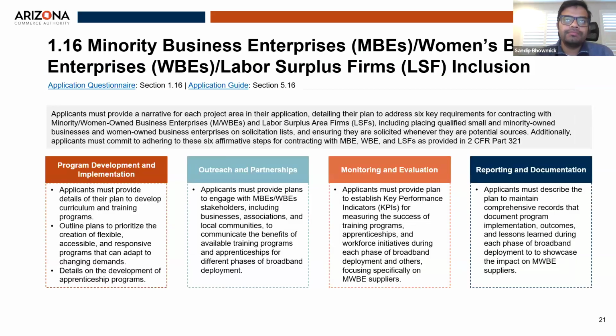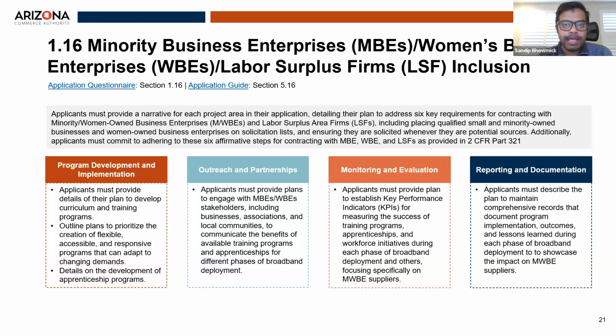So to give you an example, in this case, this question can be answered in a different way. If a tribal utility wing is applying for the BEAD funding, meaning a lot of the tribes here in Arizona, actually a couple of them, have a tribal utility wing which is trying to reintroduce themselves as an internet service provider as well.